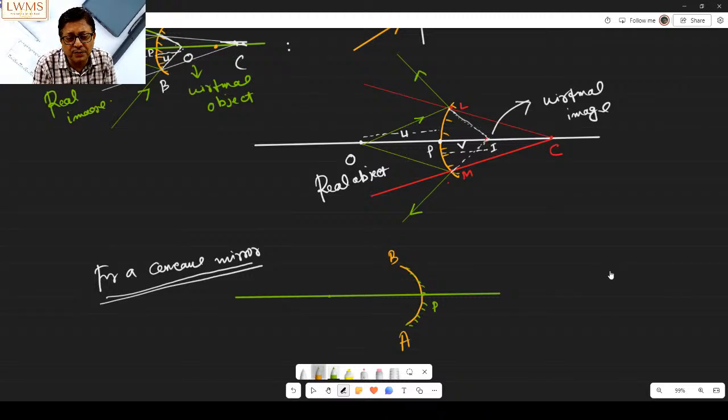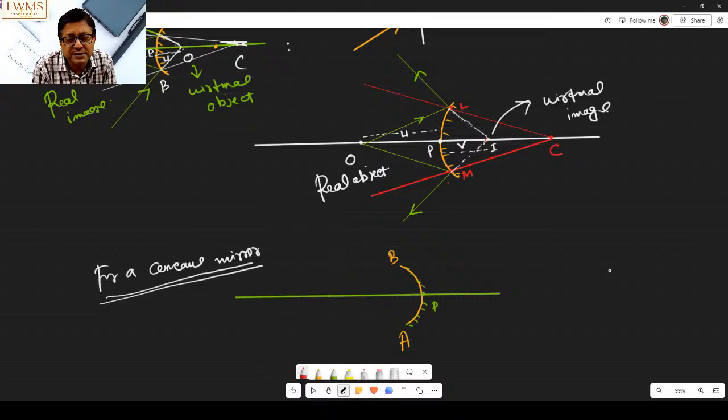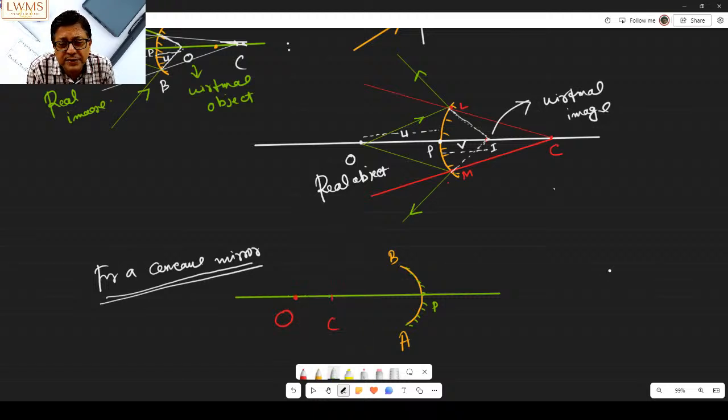This is the position of object. Object is being taken here. This is the center of curvature. Clear? Now, if we send a ray in any direction, suppose I am sending it this manner.